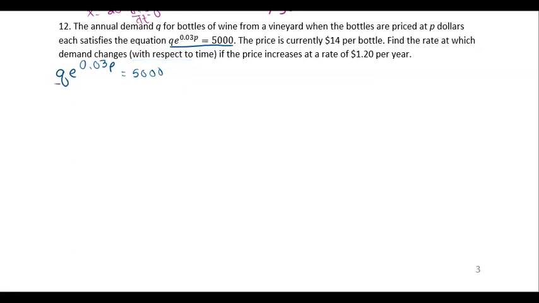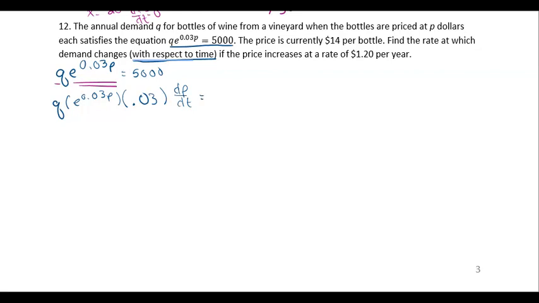This is a product rule. First, second. So if we go to take the derivative, we need the first times the derivative of the second. Well, the derivative of e to the whatever is e to the whatever times the derivative of our whatever. So the derivative of 0.03P is 0.03, and we need dP/dt, remember, with respect to time.